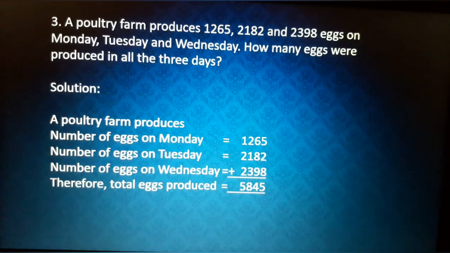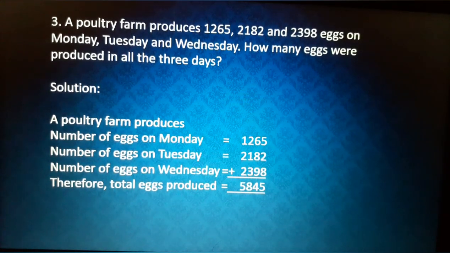Therefore all total eggs produced equal to, so in all the 3 days if we add up, 5 plus 2 is 7, 7 plus 8 is 15, 5 carry 1, 6 plus 1 is 7, 7 plus 8 is 15, 15 plus 9. Now you will think, 15 plus 9 how much? Simple, you can break 9 into 2 parts, 5 and 4.